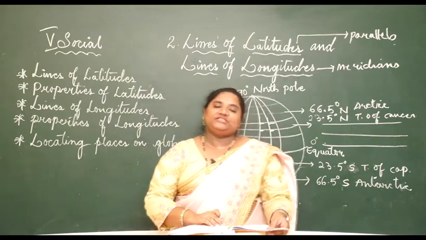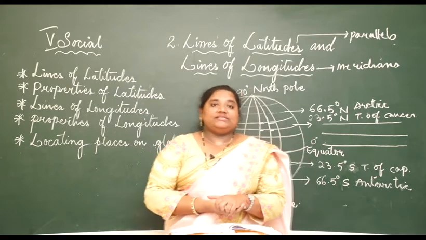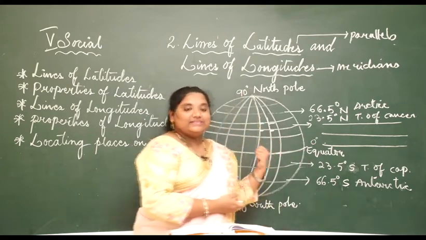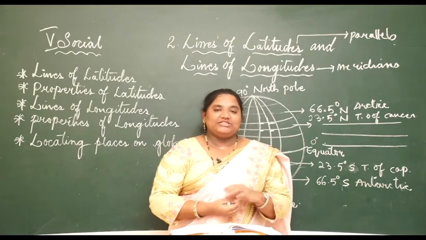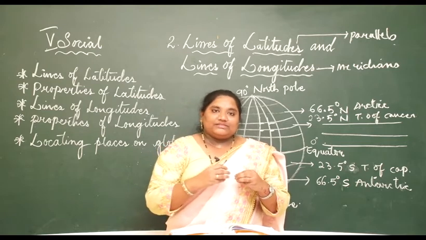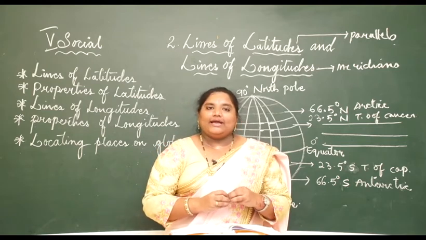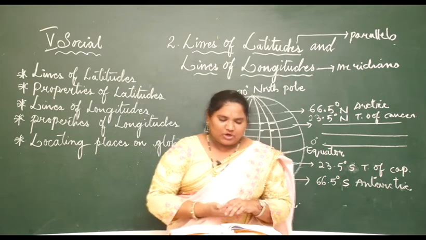Then what are the properties of longitude? And 180 degrees longitude is called the international date line. What is it called? International date line, by which you can locate the date and also the time. Okay, then what are the properties of longitude?